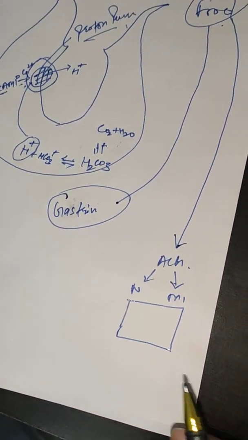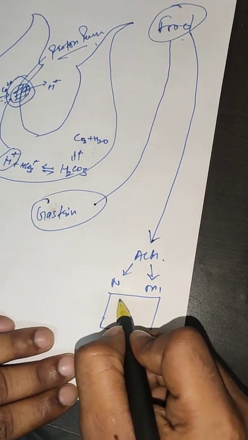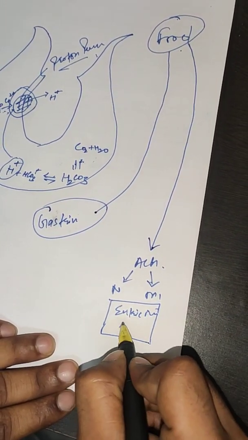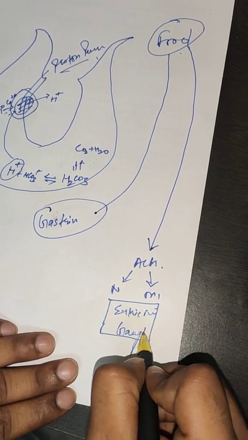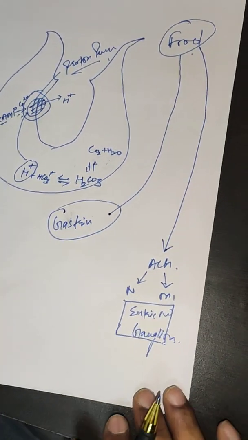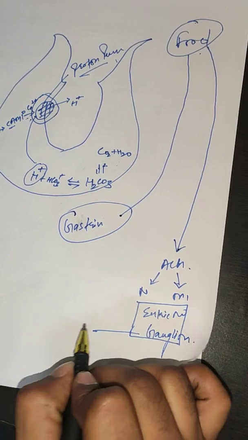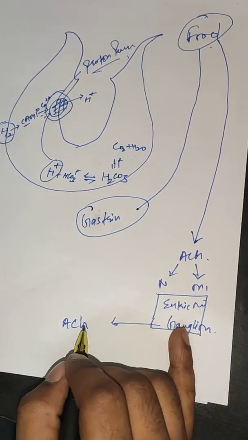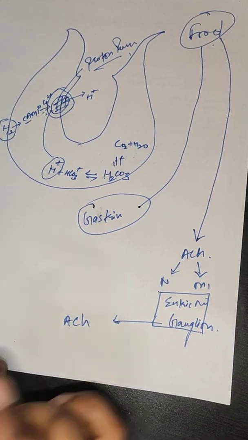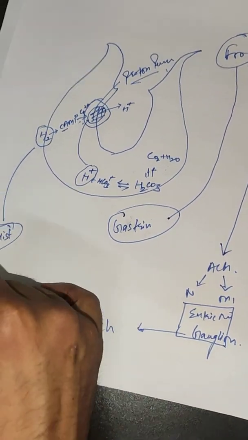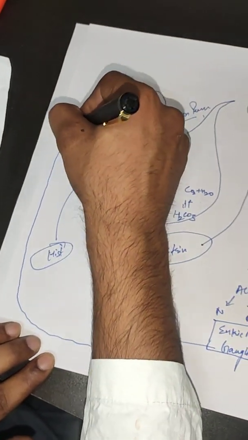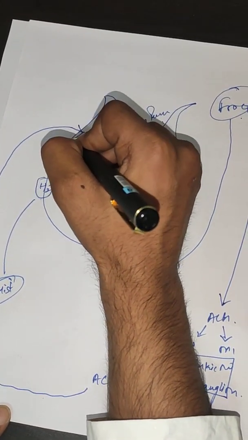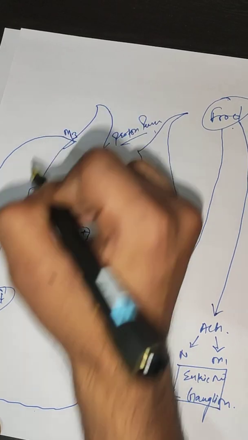This is due to the enteric nervous system, the ganglion cell releases acetylcholine, and this acetylcholine directly interacts with the parietal cell through the M3 receptor.